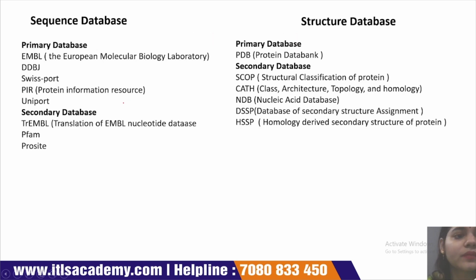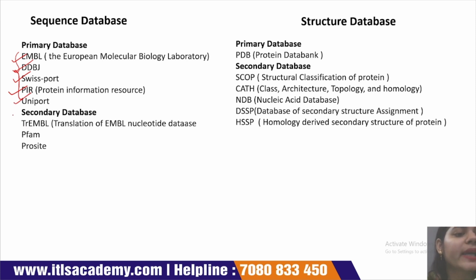Okay, these are the examples of primary databases. First is the EMBL, that is the European Molecular Biology Laboratory. Next is the DDBJ, DNA Data Bank of Japan. Next, Swiss-Prot, then PIR, Protein Information Resource, then UniProt.